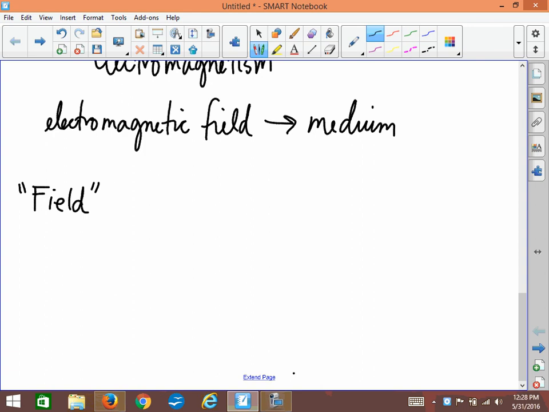All these words mean a region or a space or an area. A football field is a chunk of land. It's a region of land. A field in physics means a region of anything, anywhere in the universe.